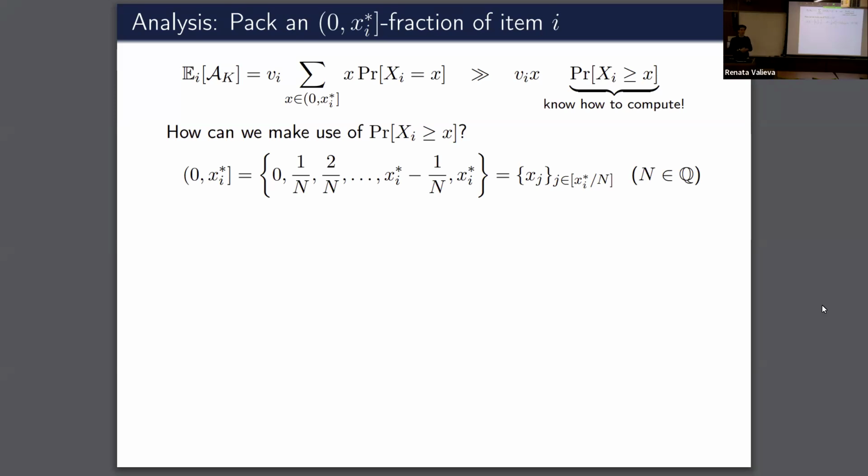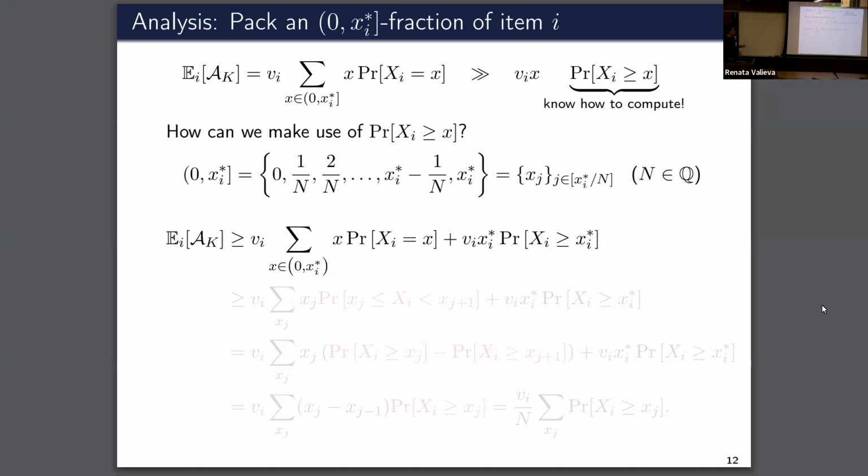You think of the interval 0 to xi star as many small intervals, each one of length 1 over n, where this n is chosen arbitrarily large. So you have all these many small intervals, and you use your lower bound on xi greater or equal x as the probability of that small interval.